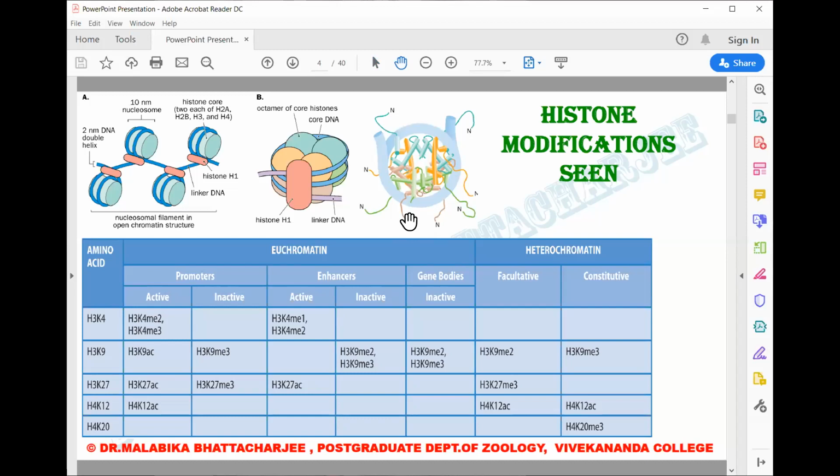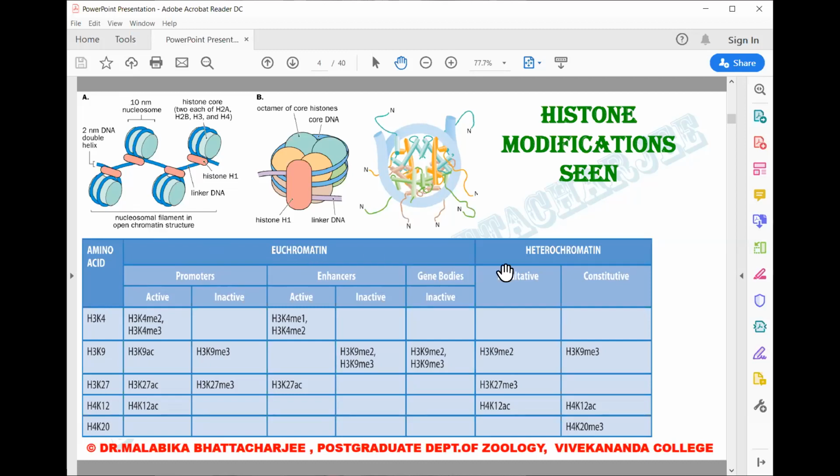Other important modifications include the phosphorylation of serines of histone 3 at the residue 10 and 28, the mono, di, or trimethylation of arginines of histone 3 at the residue 2, 8, 17, and of histone 4 at the residue 3, phosphorylation of threonines at the residue 3, 6, and 11 of histone 3, and ubiquitination of lysines at the residue of histone 2A, 119, and histone 2B, 120.